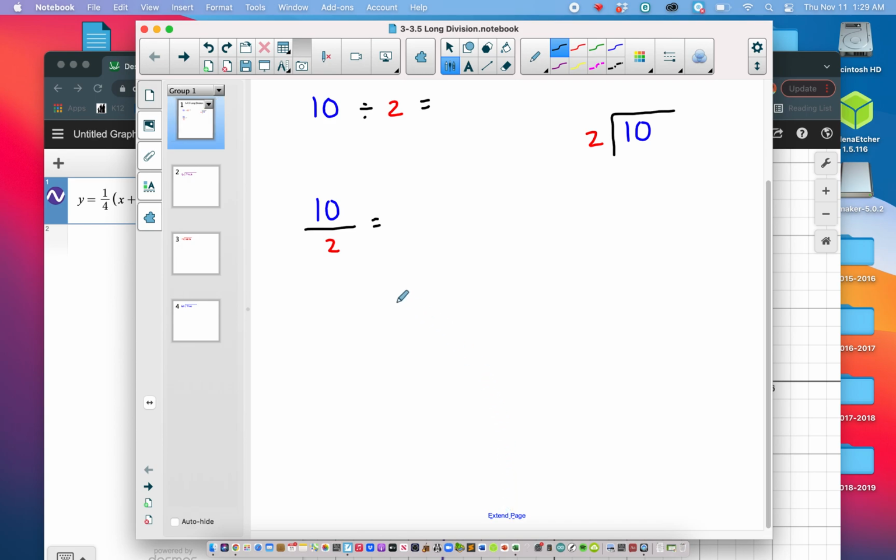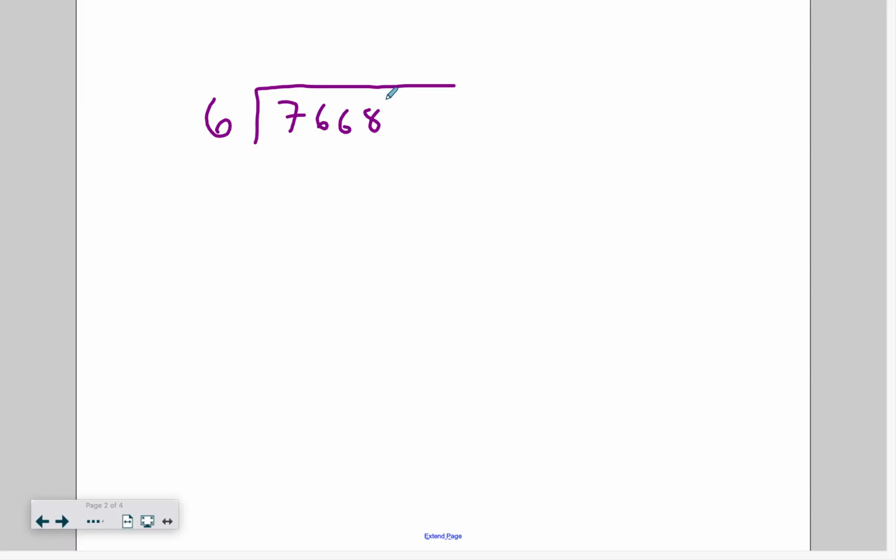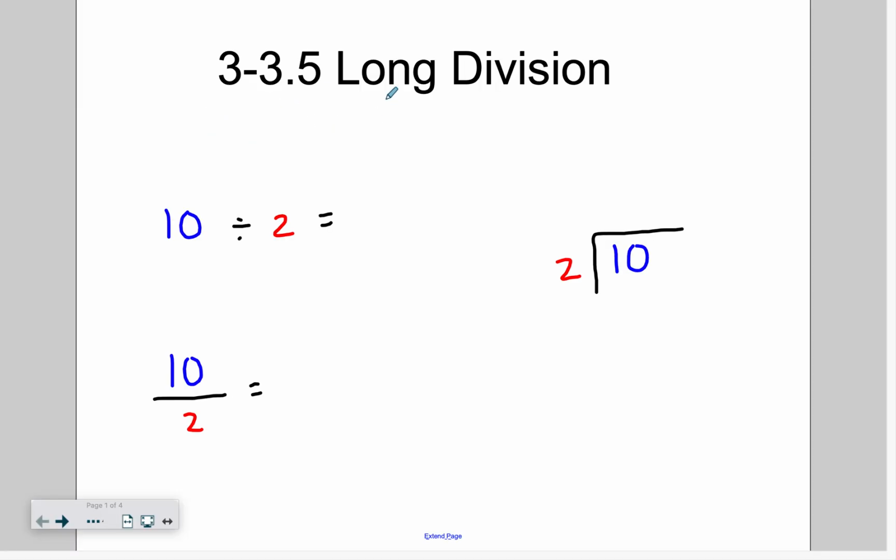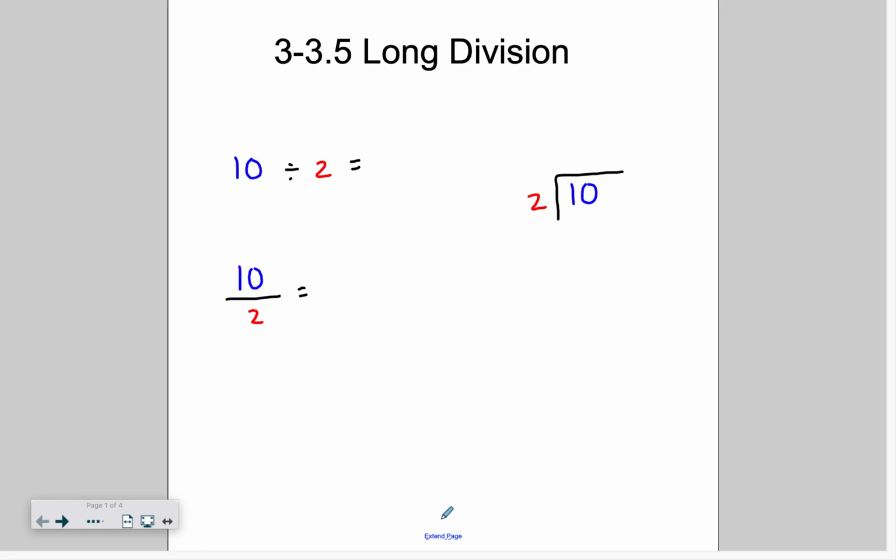Well, much like multiplication is repeated addition, division is repeated subtraction, right?